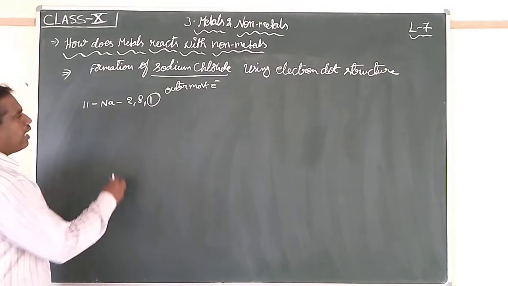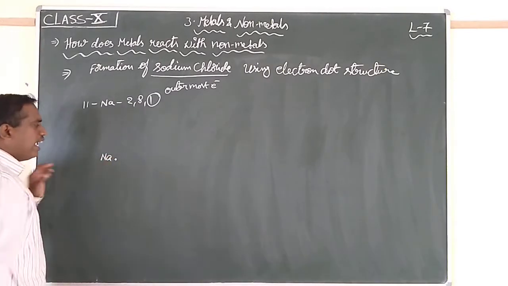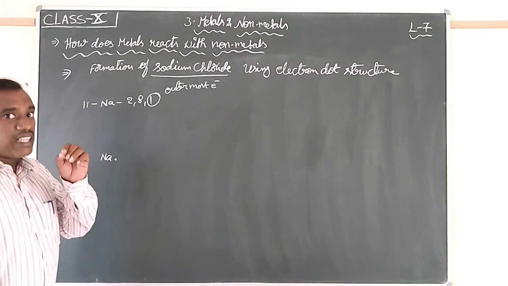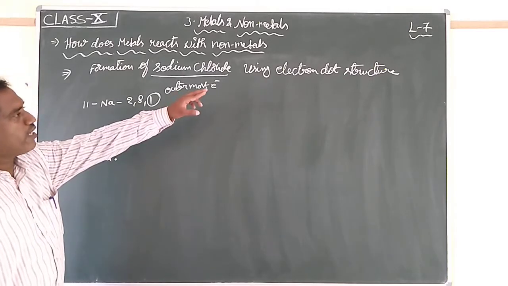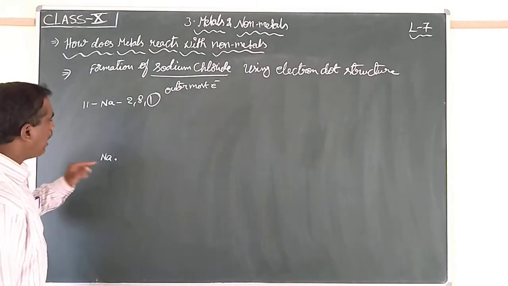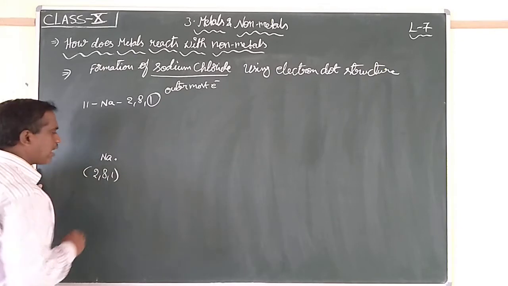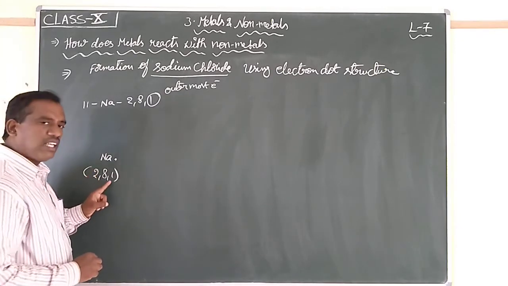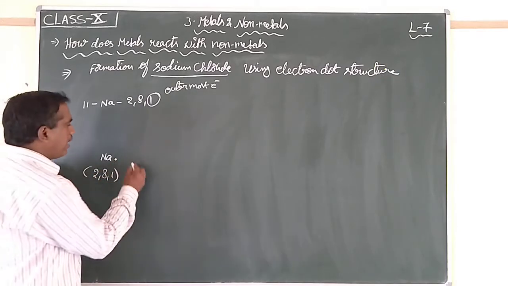That single electron of the sodium which is present in the outermost shell is represented in the form of a dot. That dot indicates the outermost electron. But how we write the electronic configuration is 2, 8, 1. Means around sodium 11 electrons are there, but in the outermost shell there is only 1.